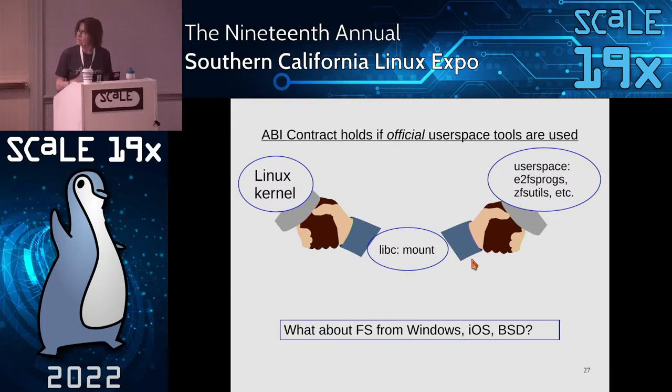The new picture now of the communities cooperating is the communities making these official anointed Linux tools are cooperating with the libc mount system call maintainers, and when these two entities are working together, then the kernel ABI guarantee is preserved. That's the position that the developer took.